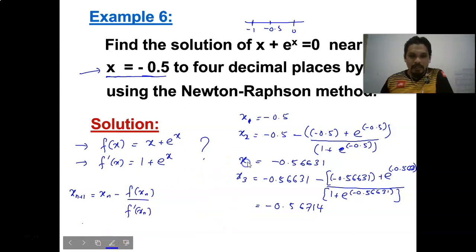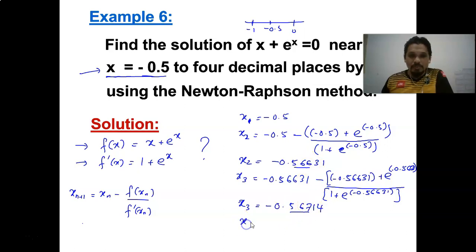This is the answer of x2 and this is the answer of x3. So 566, 567. We look at the 3 decimal places of these two. We compare 566 and 567. There's a difference between 6 and 7.